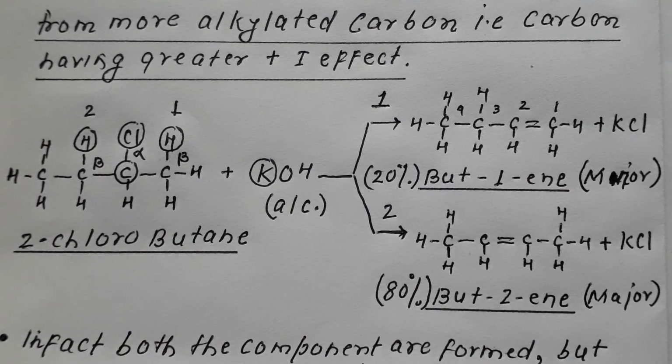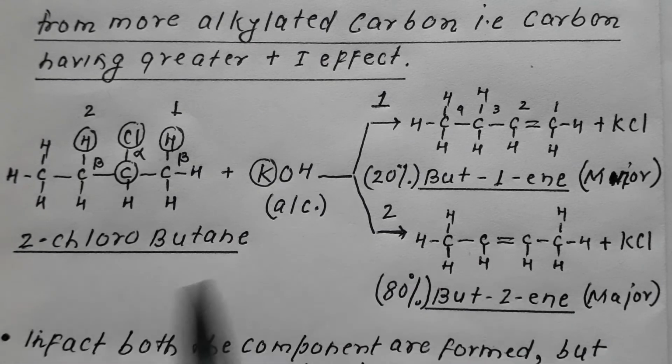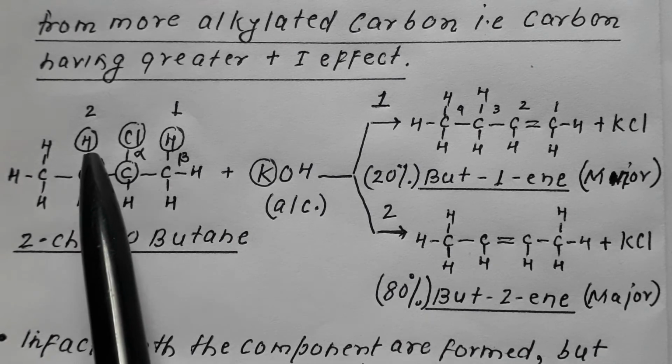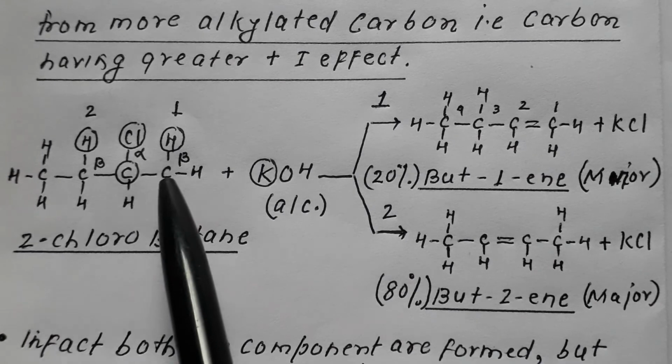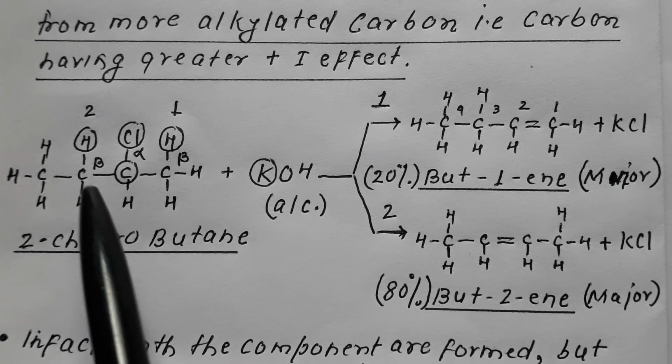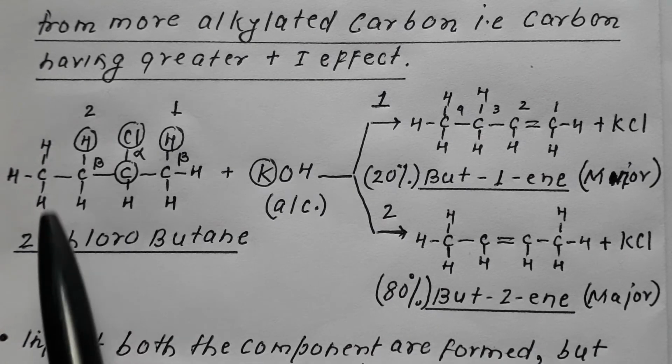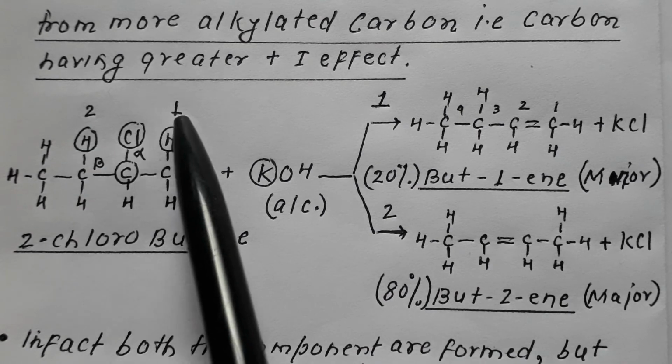So according to Saytzeff, during dehydrohalogenation, if a molecule is unsymmetric, then hydrogen gets eliminated from the carbon which is more alkylated. This carbon has no alkyl group, this carbon has one alkyl group, therefore carbon 2 goes and not 1.